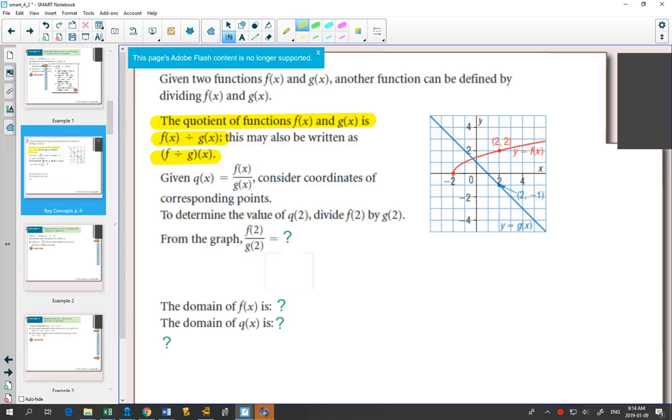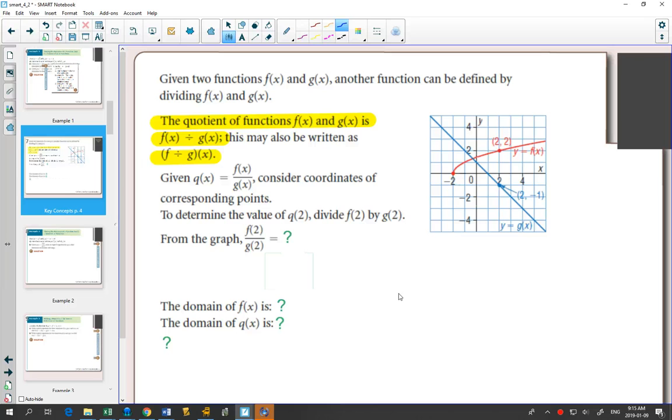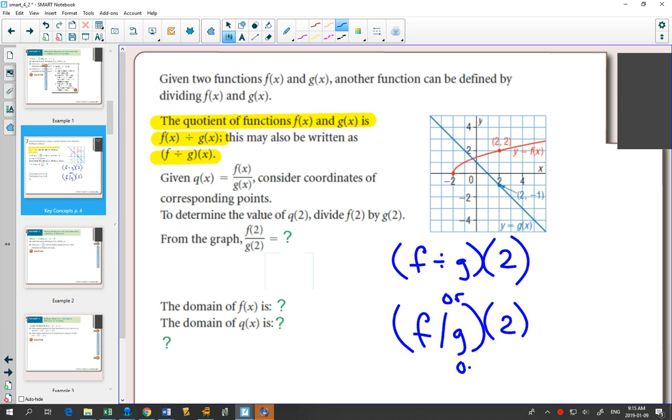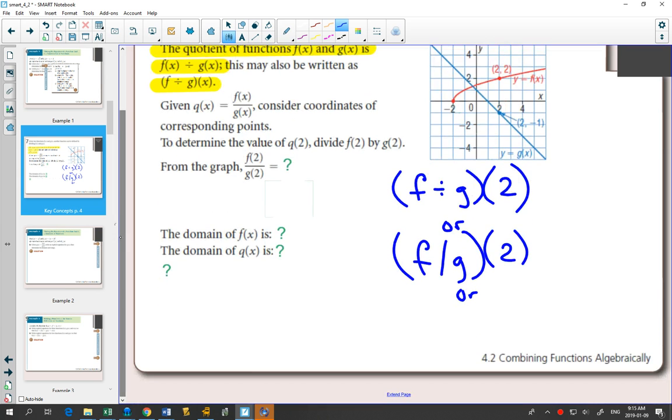So whenever you see not nice notation, which is, well, that's even not nicer, f divided by g of 2, or you see it this way, f divided by g of 2, or maybe you even see it like that.